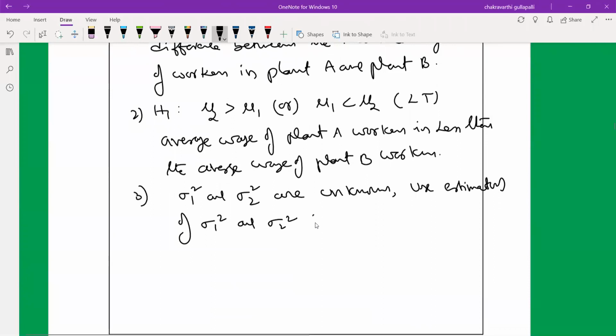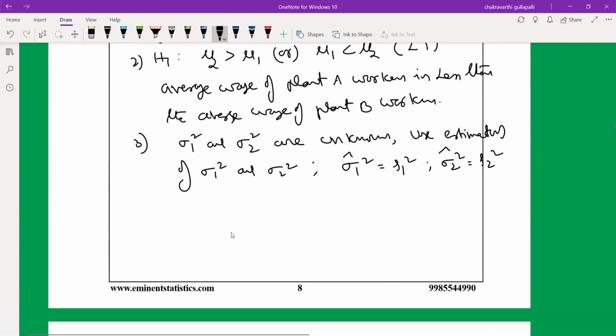Sigma 1 square cap is equal to S1 square, and sigma 2 square cap is equal to S2 square for the large sample case. Small s1 square is available in the problem.